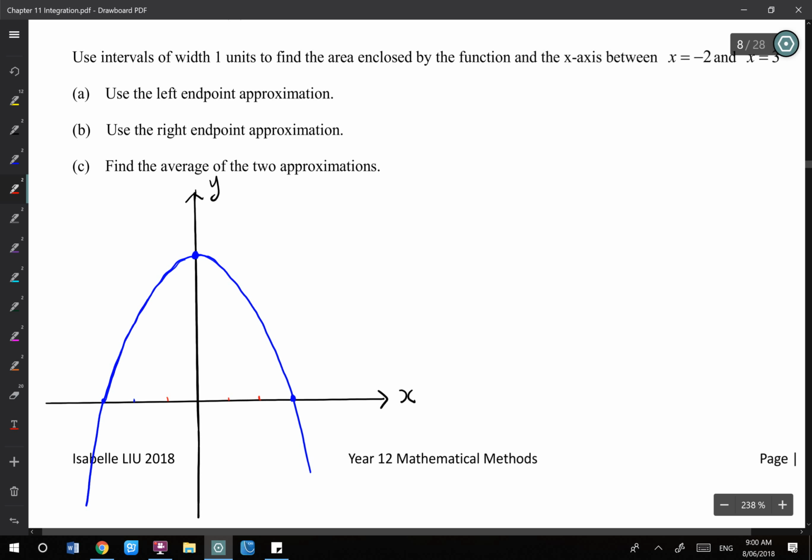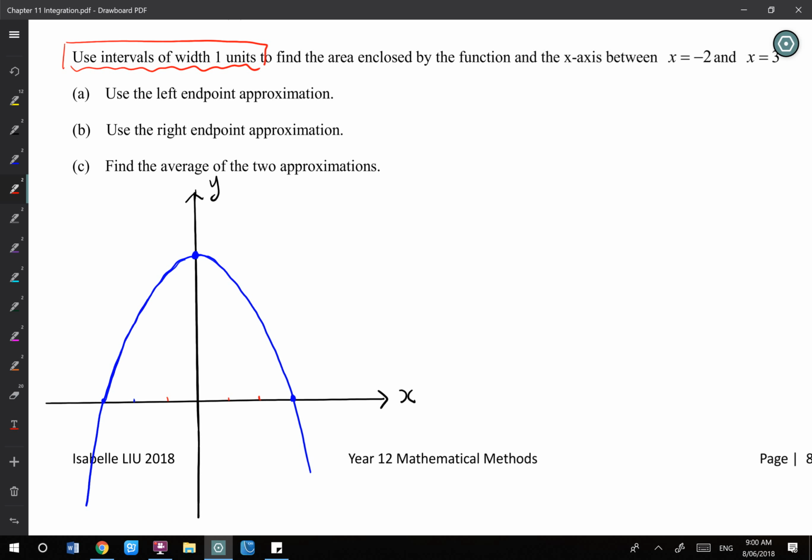And also be careful, use an interval of width 1 unit. That's really important. Sometimes they'll say use a width of a half unit. They can only ask you 1 or a half. So 1 unit or half unit.